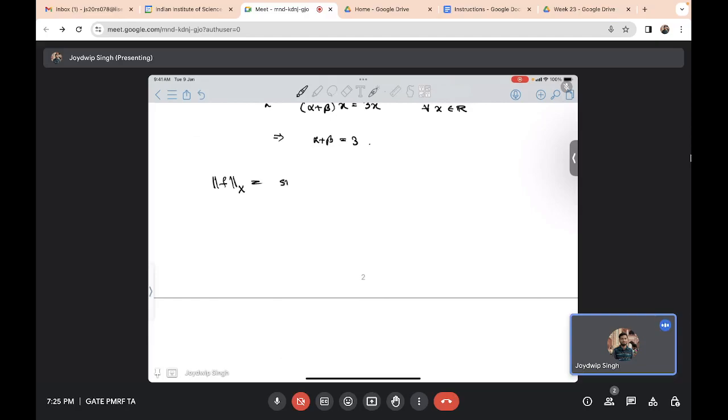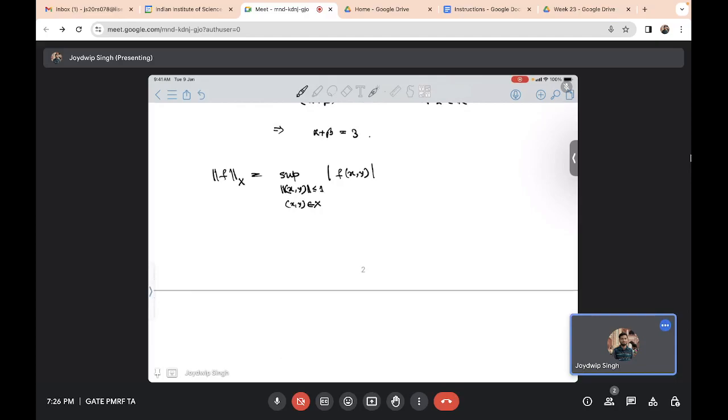It is a functional norm, meaning the supremum over norm of (x,y) less than 1 of F of (x,y), where this (x,y) is in X. Now the norm of (x,y) is, so it is the supremum over mod x, and as y equals x, it is again mod x, so this is less than 1, or 2 mod x is less than 1, or mod x is less than half.